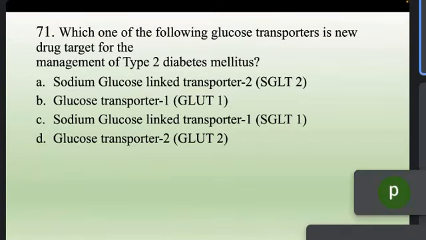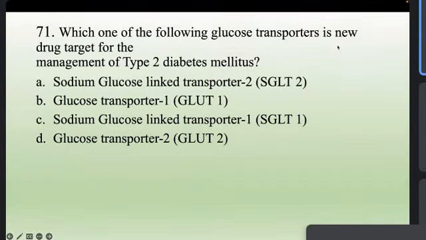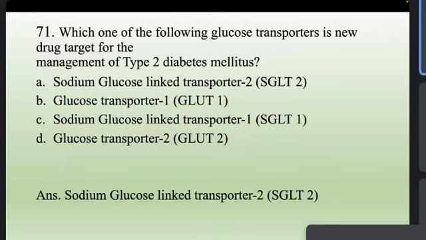No idea? SGLT2. SGLT2, okay. Here the important keyword is new drug target. Okay, so the answer is SGLT2.